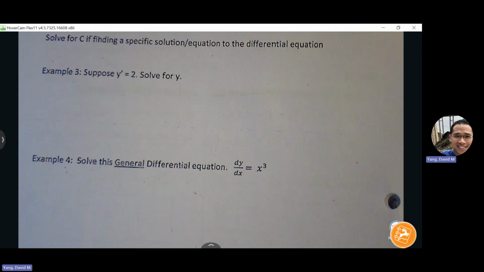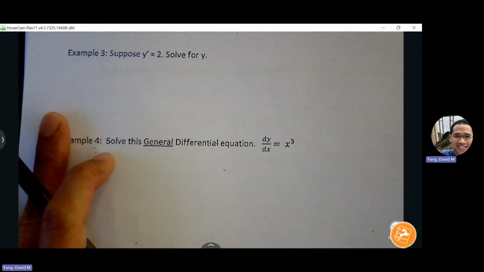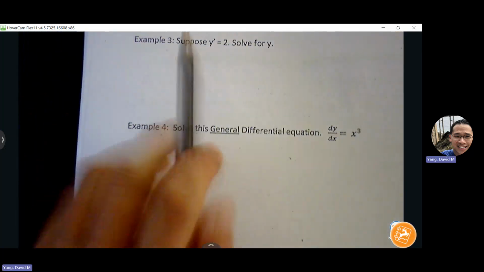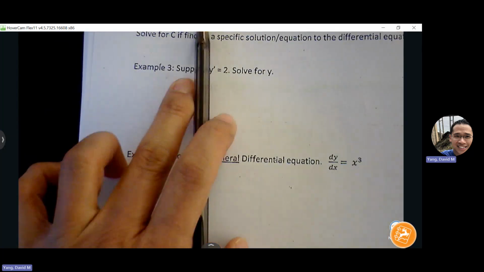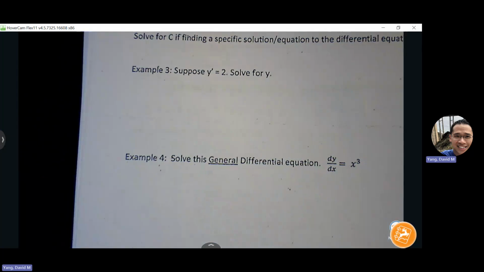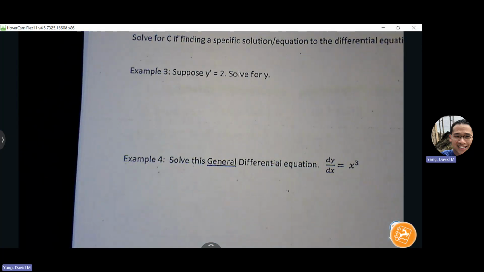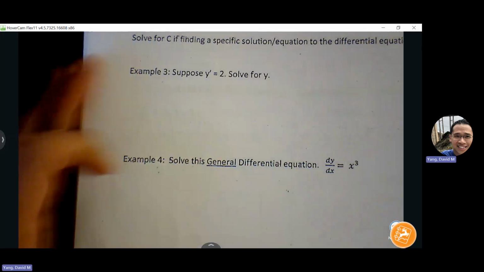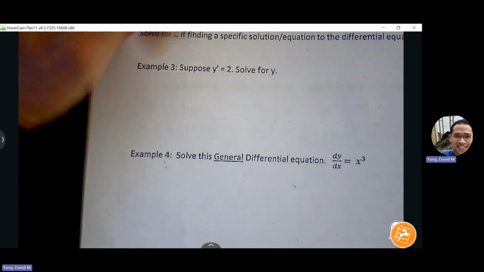Okay, so number 3: suppose y prime equals 2, and solve for y. We know y prime is the same thing as dy dx, but it's helpful to write it as dy dx. It's visually more informative and gives us more information to set up.